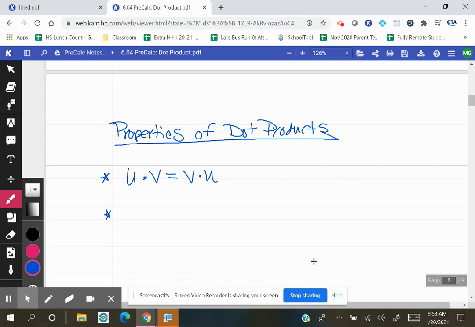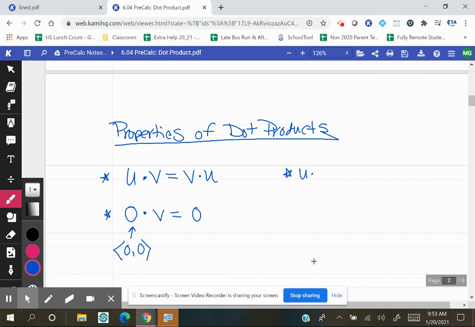Okay, another property. If I take the 0 vector and find the dot product of it and another vector, it will give me 0. Because remember, the 0 vector is just 0, 0. So everything you multiply times v would give you back that 0.